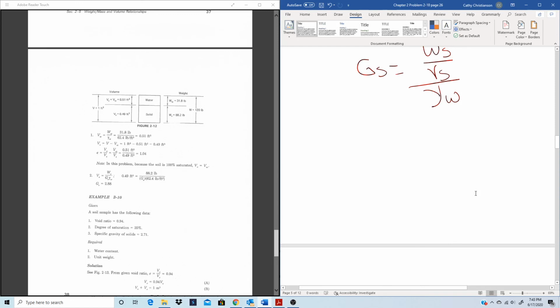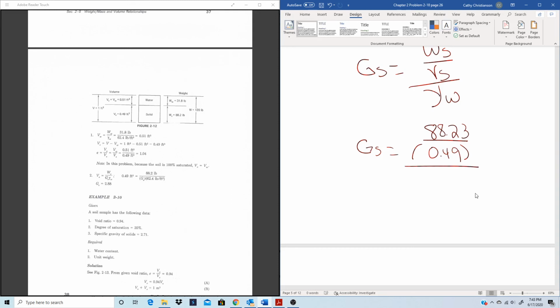So this is what they're wanting. Once I plug my numbers in for GS, I had the weight of the solid as 88.23 and the volume of the solid is 0.49.